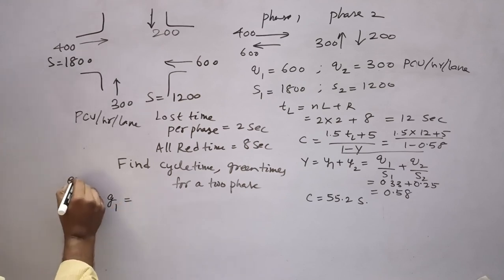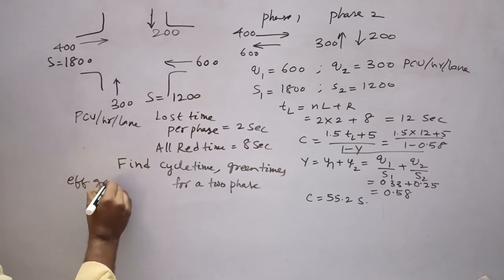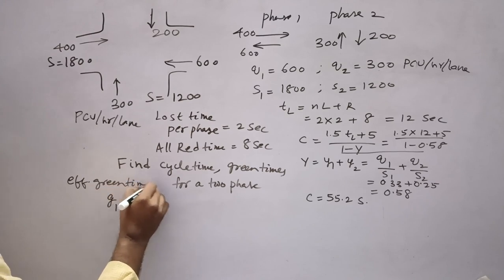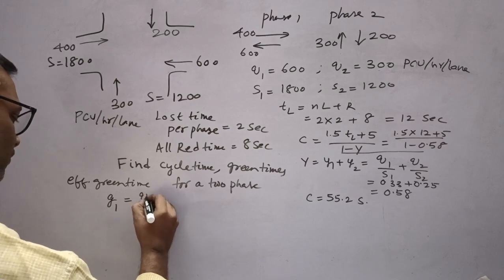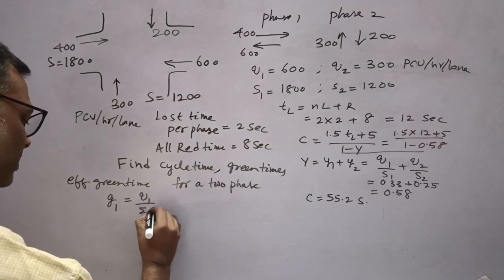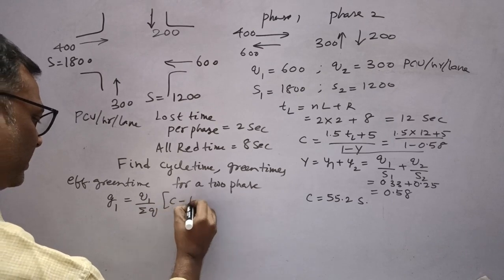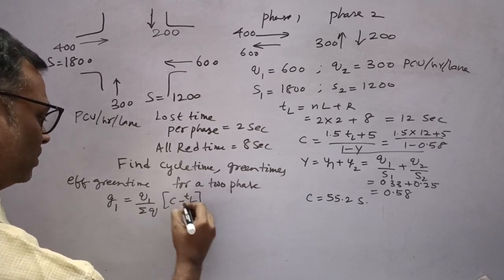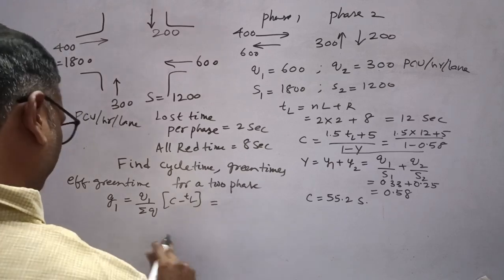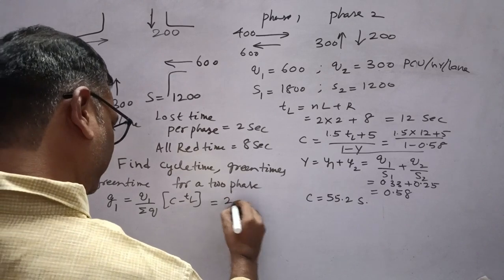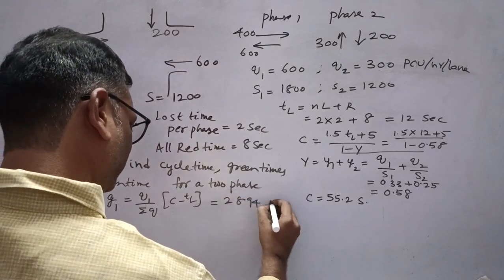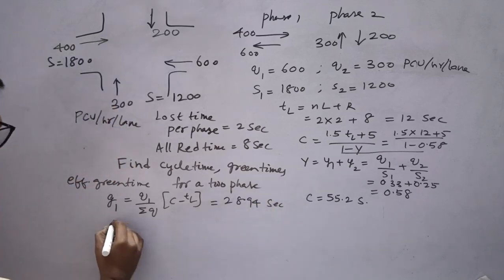Effective green time for phase 1 is, we know, Q1 by sigma Q into C minus total lost time. If you calculate this, it comes as 28.94 seconds. Similarly, calculate G2.